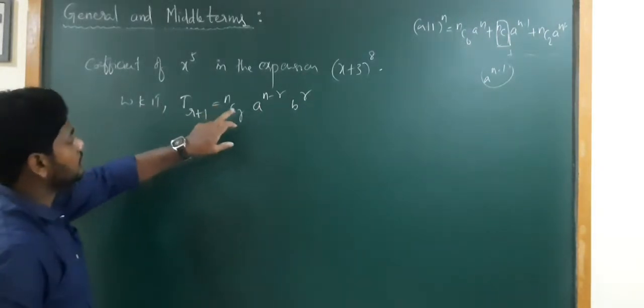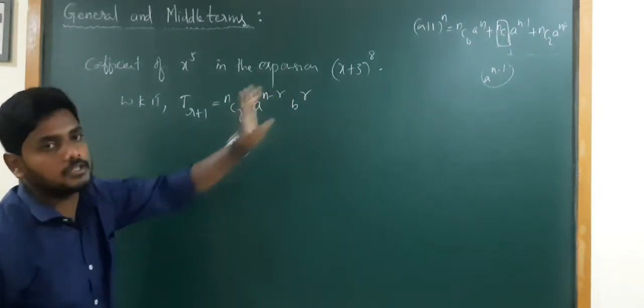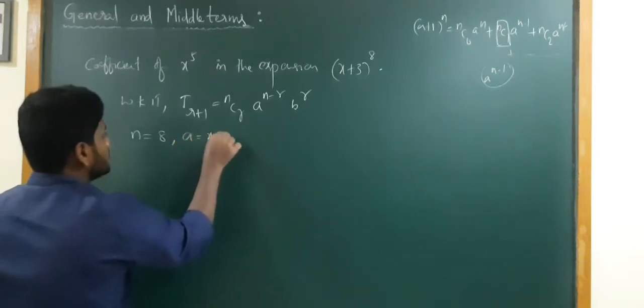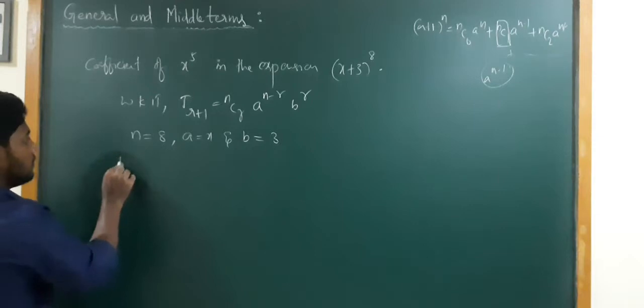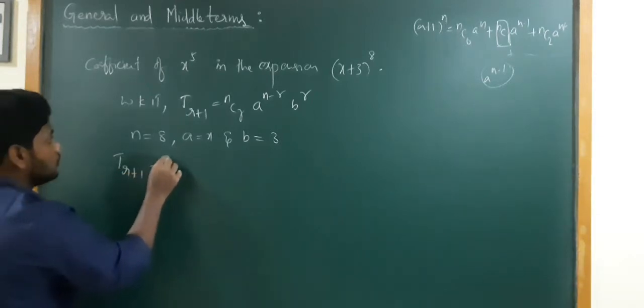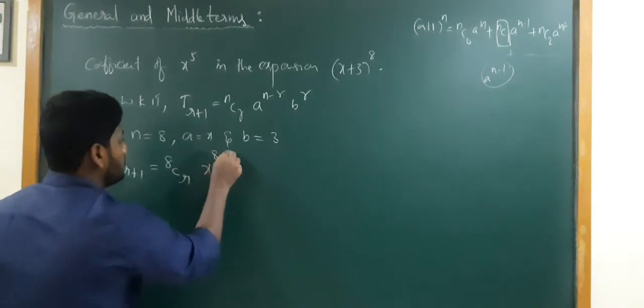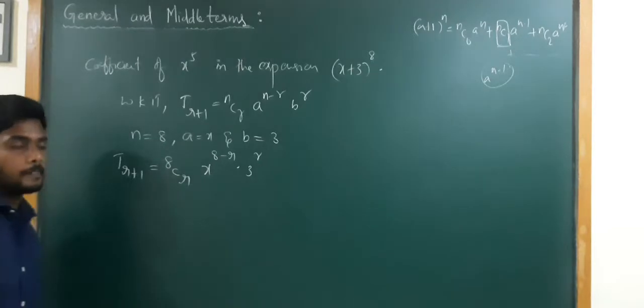Now, instead of n we will substitute 8, instead of a we will substitute x, instead of b we will substitute 3. So as n equal to 8, a equal to x and b equal to 3, we will substitute in this general term, which is T(r plus 1) is equal to 8Cr x to the power of 8 minus r into 3 to the power of r.